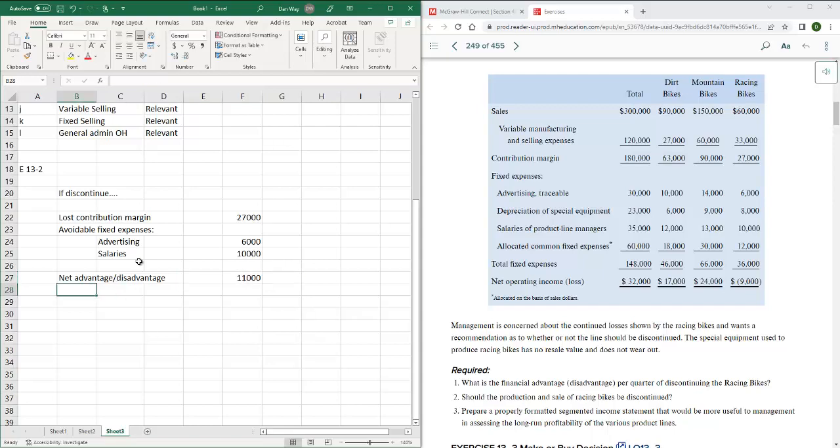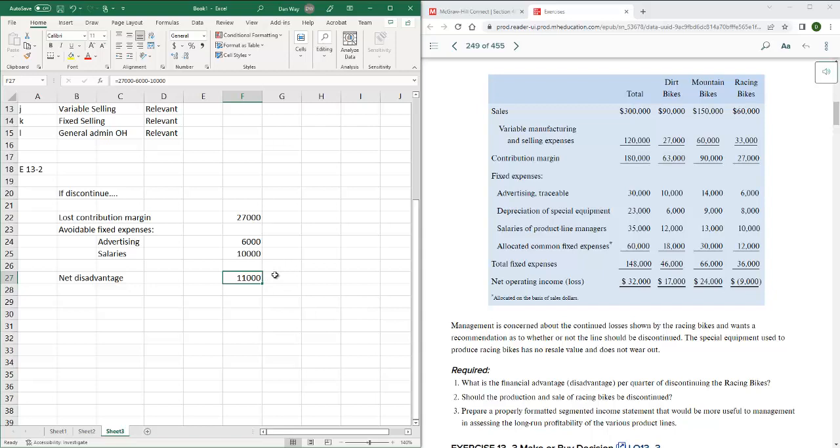So this difference of $11,000, in fact, if you want to think about that in terms of a sign, really that's the disadvantage or a negative, a decrease to overall potential profitability. So this is the net disadvantage of discontinuing the racing bikes, $11,000.